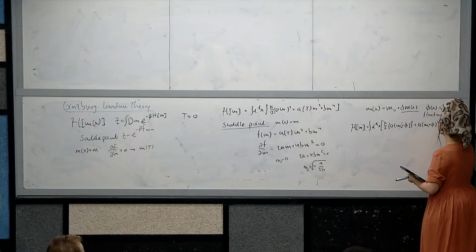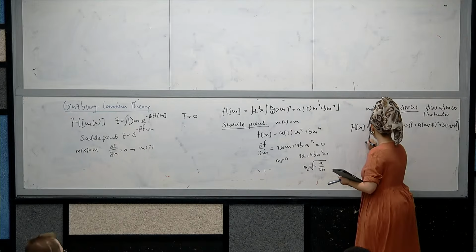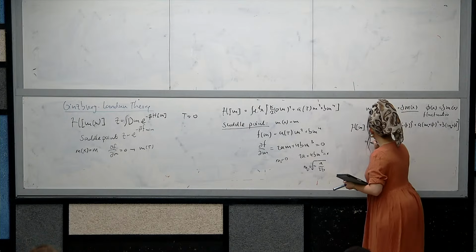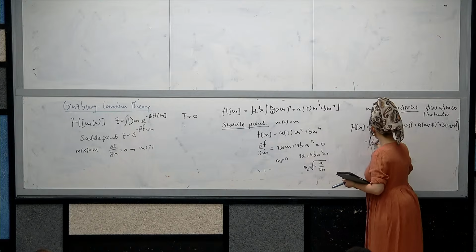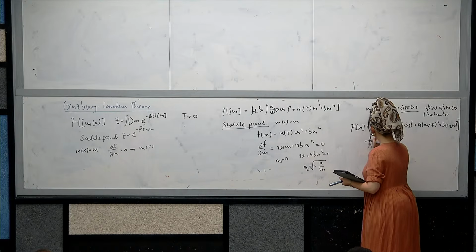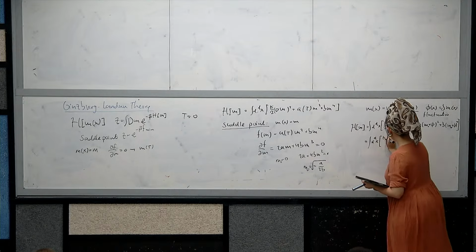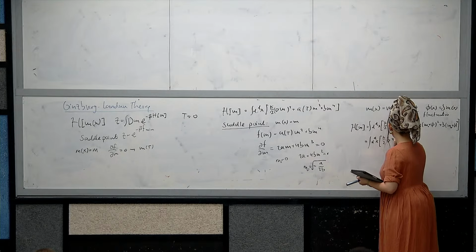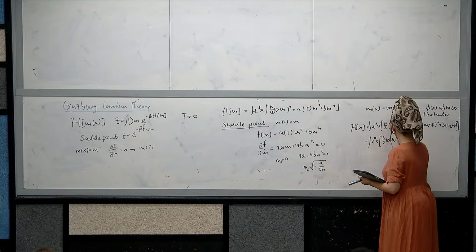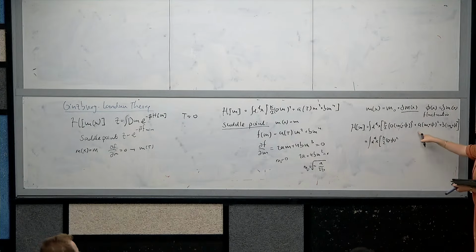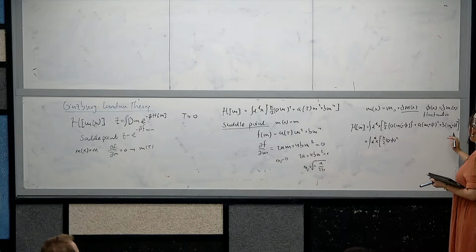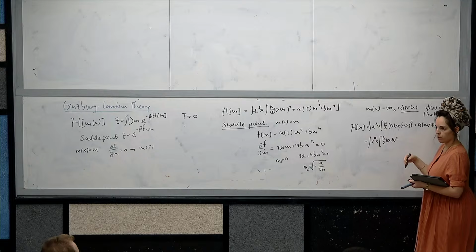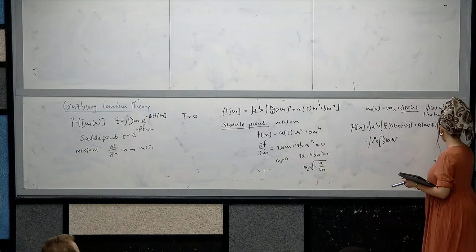m0 is constant. So now I don't want to open up all the terms. I'll start with powers of phi, okay?